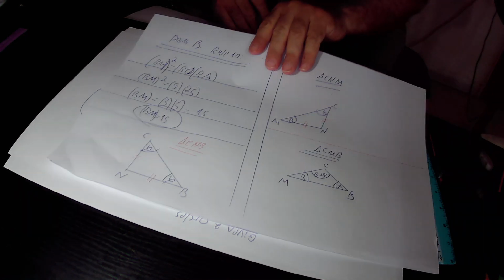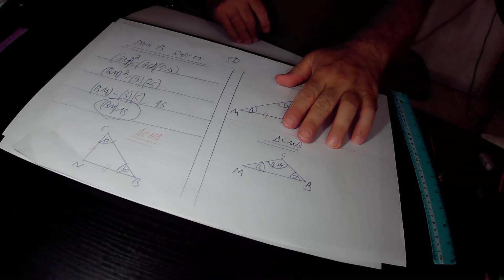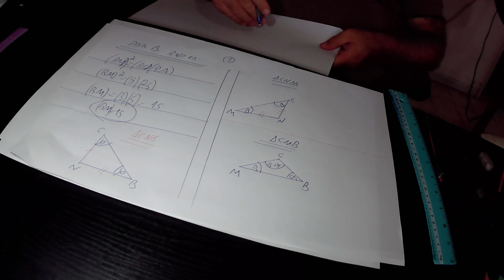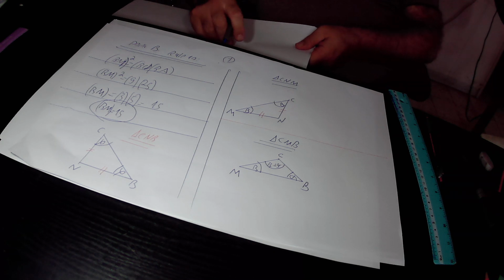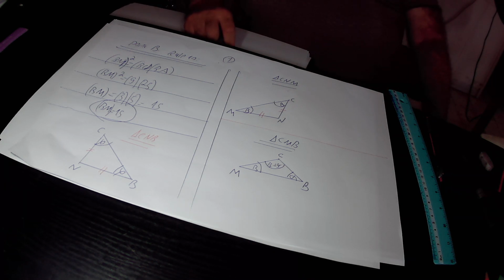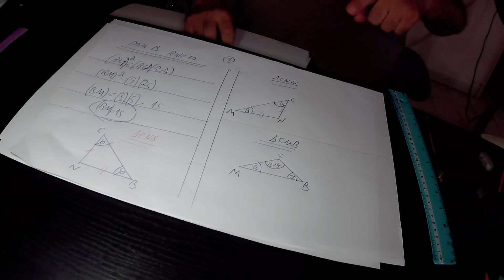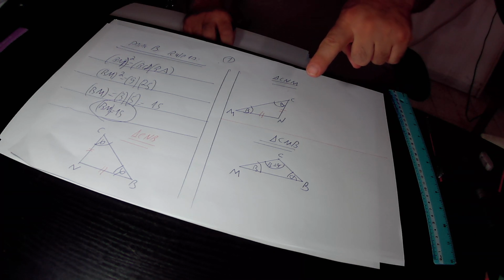So actually, this is triangle CMB that I copied from the original drawing. We know that the sum of the angles in any triangle is equal to 180 degrees. And therefore, the sum of the angles in this triangle CMB must be equal to 180 degrees. So which angles do we have in this triangle CMB?